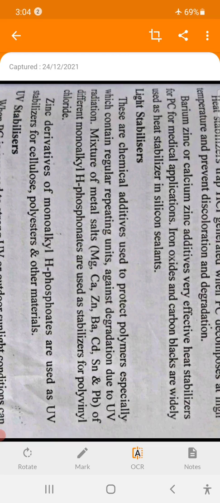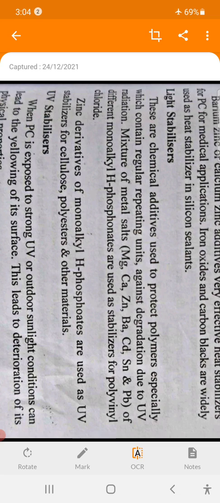A mixture of metal salts, that is metals calcium, magnesium, zinc, barium, cadmium, tin, lead. These metal salts with different monoalkyl H phosphonates are used as light stabilizers.